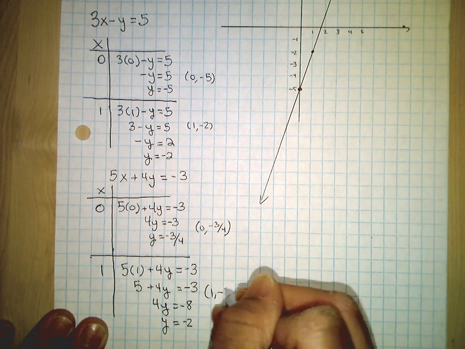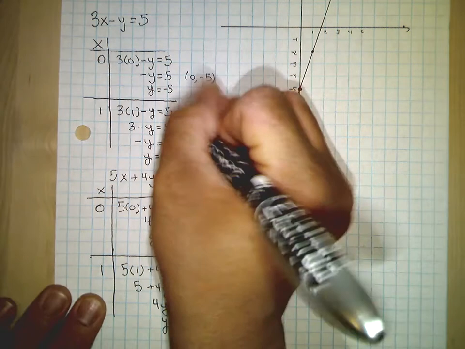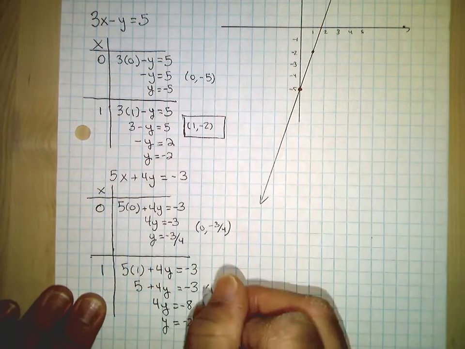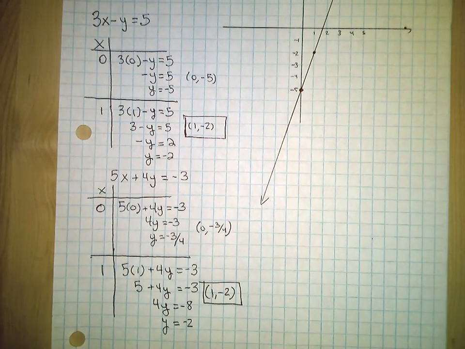So (1, -2). And you can see that that is already the point where these two lines intersect, because it is a point on both lines. But let's say I pick one more point just to be absolutely sure.